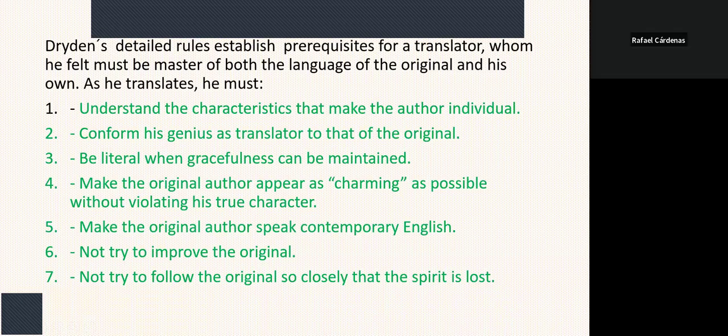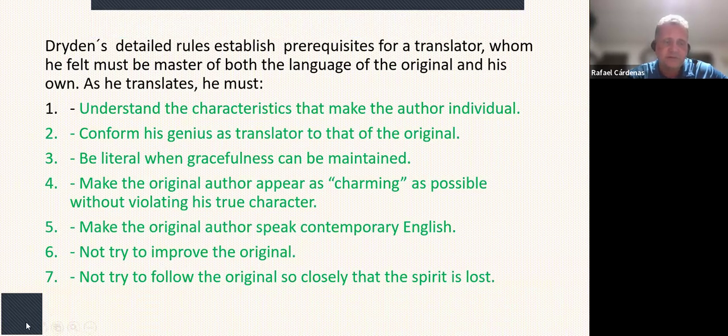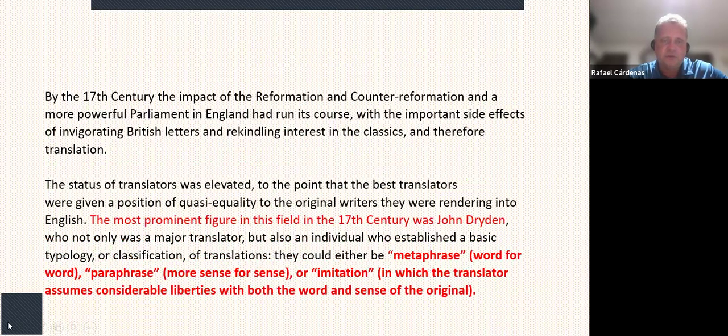Thank you. Not new. It's not 20th century information. We're going to learn a lot of historical facts on translation from the past. And Dryden, as we know, he was a 17th century author.